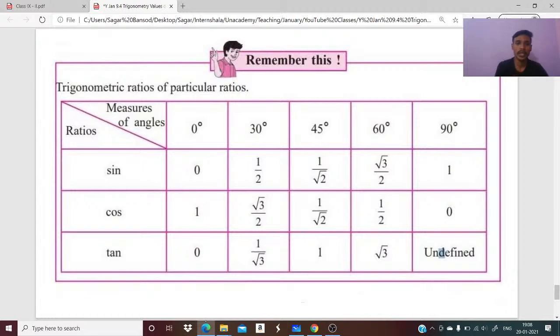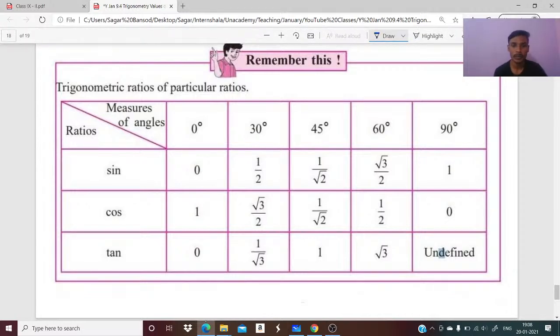You can remember this table very quickly. You just need to know the first line only. Once you know the first line, you can see that the second line is just a reverse of the first line.